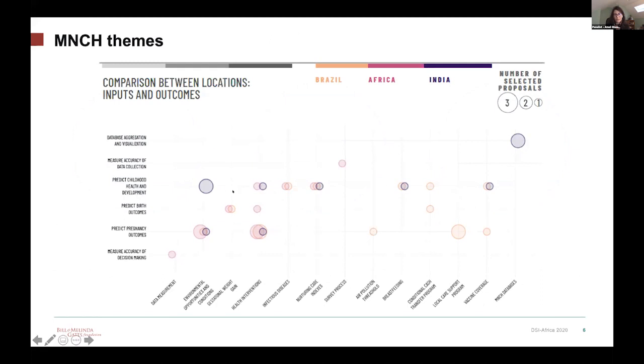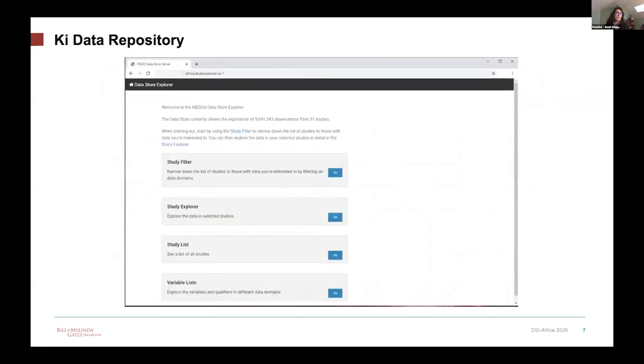As we can see across the different regions, there's quite a big focus on predicting pregnancy outcomes, considering different types of input data. Some consider health interventions and some others consider environmental conditions to study that.